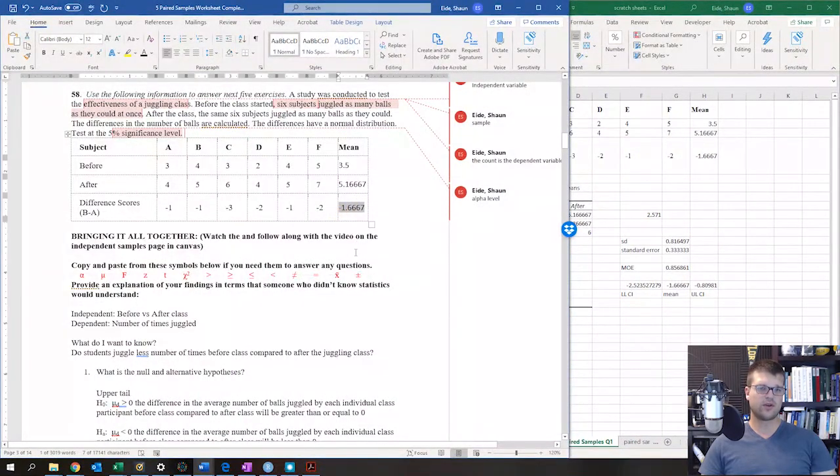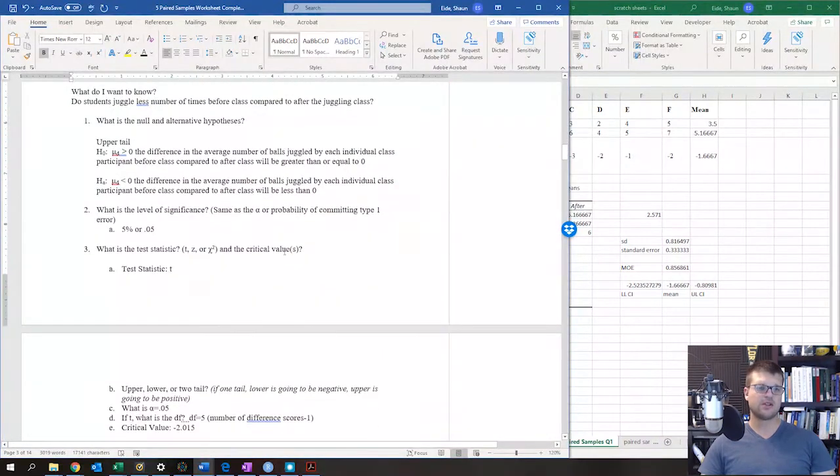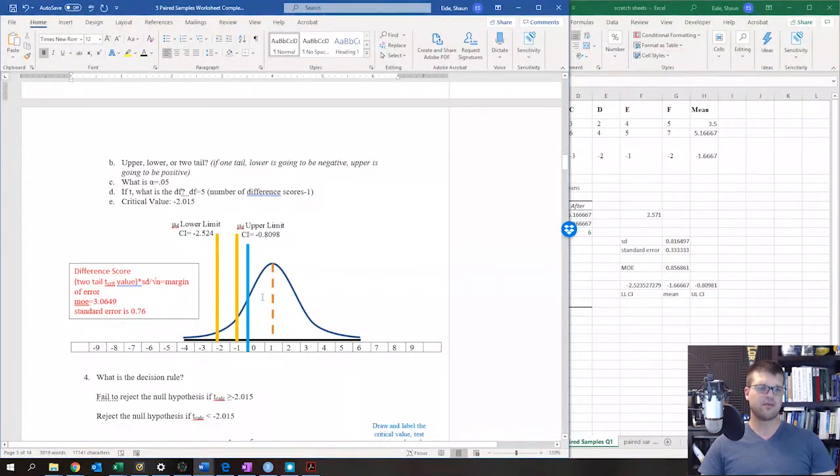This average difference score, negative 1.6667, is our best guess estimate of the average difference of how many balls an individual can juggle before class compared to after class. And we want to know, is that best guess estimate actually less than 0?